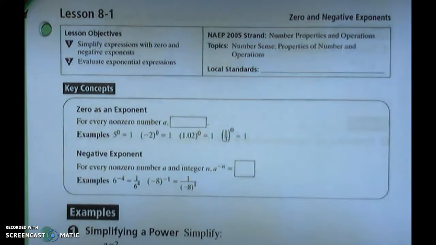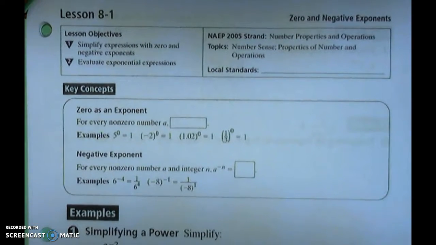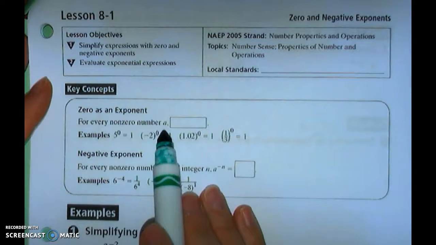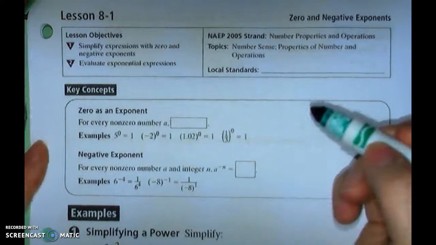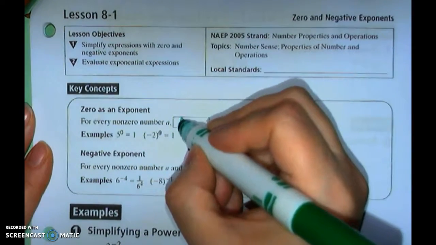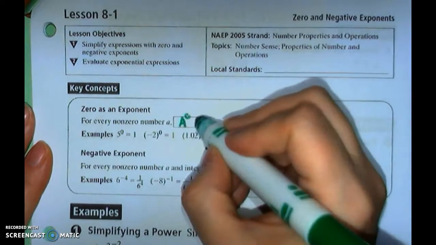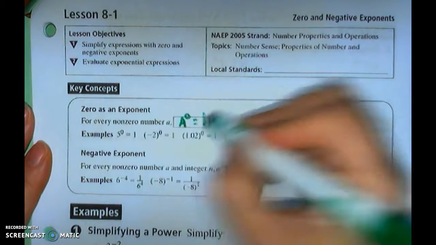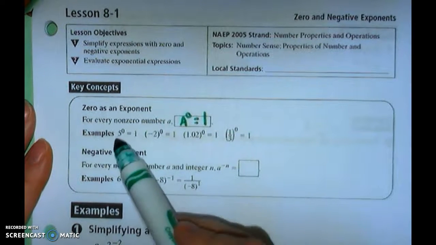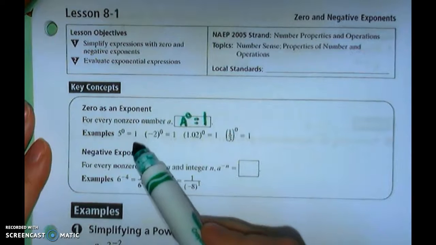These are the rules and the key concepts. For every non-zero number, a to the 0 power is going to equal 1. Some examples: 5 to the 0 is 1.